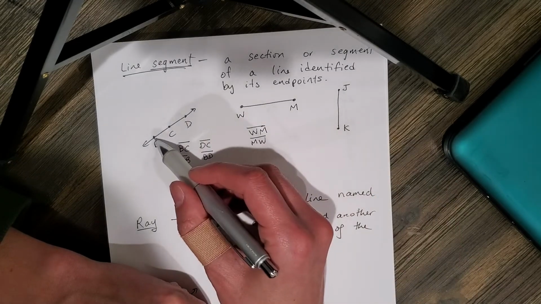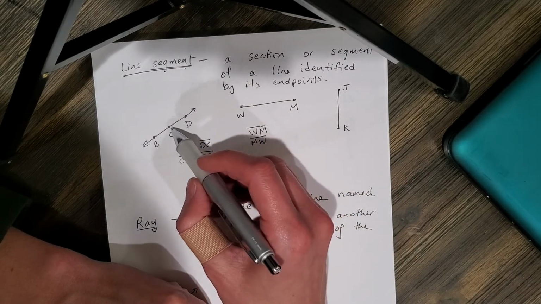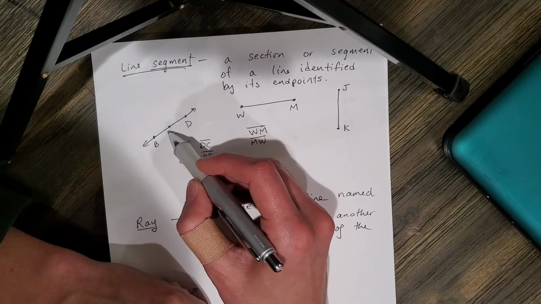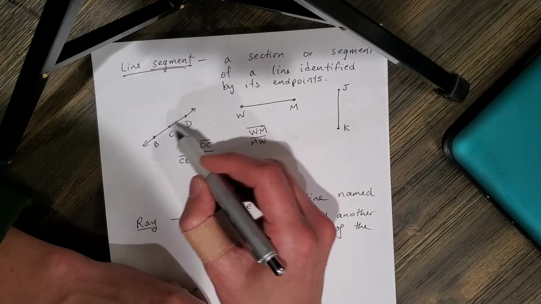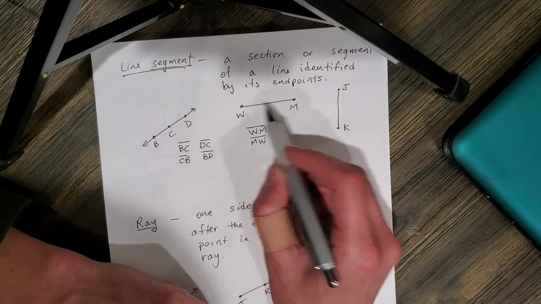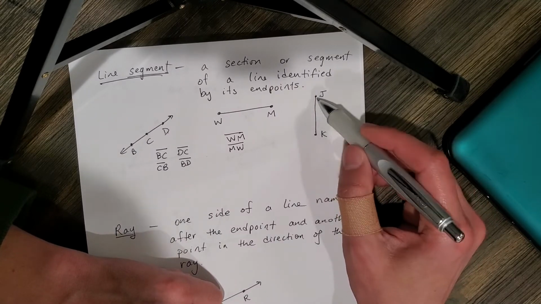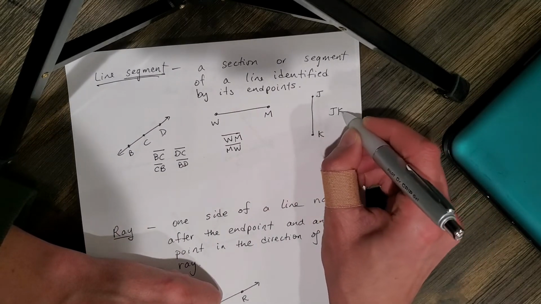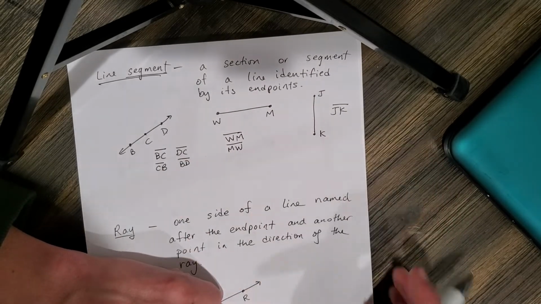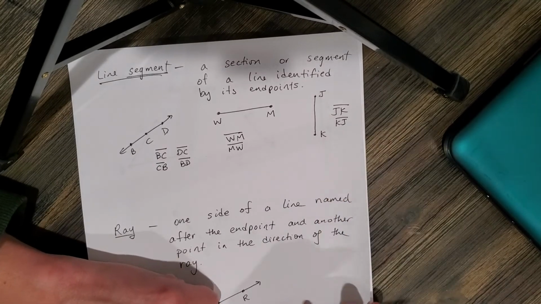Now here I had 3 points on this line, so I'm able to name it by segment using CD, CB, or BD. This one I only have the endpoints. There's no point in between, so I can only name it by its endpoints. JK, similarly here, it's just going to be JK with a segment above it. Notice I do not have the arrowheads on any of these. Also again, KJ would be another name for it.